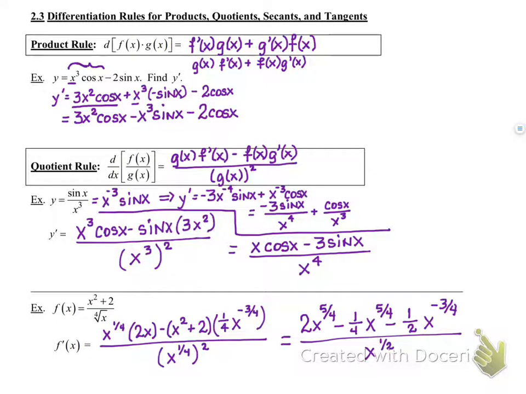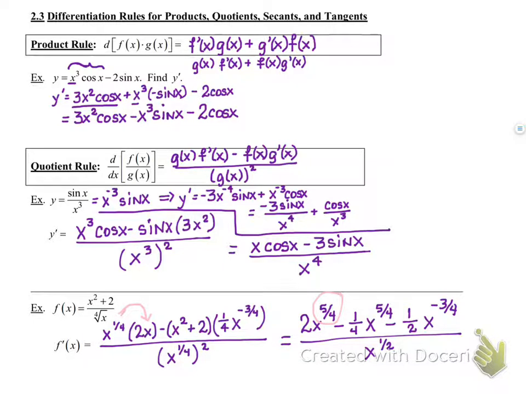Okay, we're going to talk about some tricky bits about the simplification here. We got, let me see, how do I want to talk about this? Okay, so 1/4, x to the 1/4 times x, we add the exponents, and 1/4 plus 1 will give us 5/4.